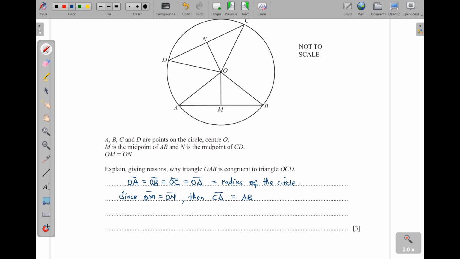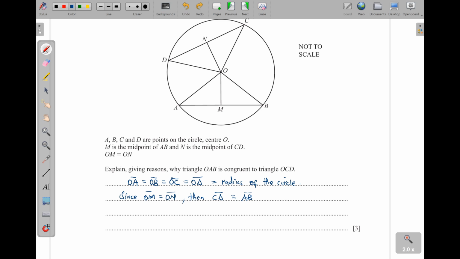Those two chords are the same length. So we have seen this side is equal to this side. This side is equal to that side. Now this side here is equal to this side here. So all the corresponding sides are equal. So that means these shapes are congruent.